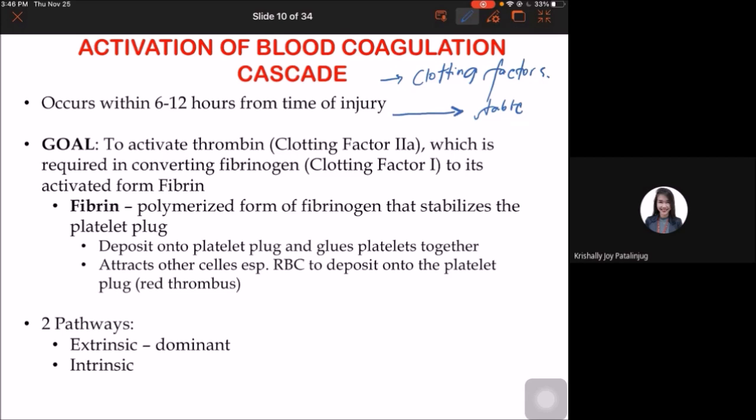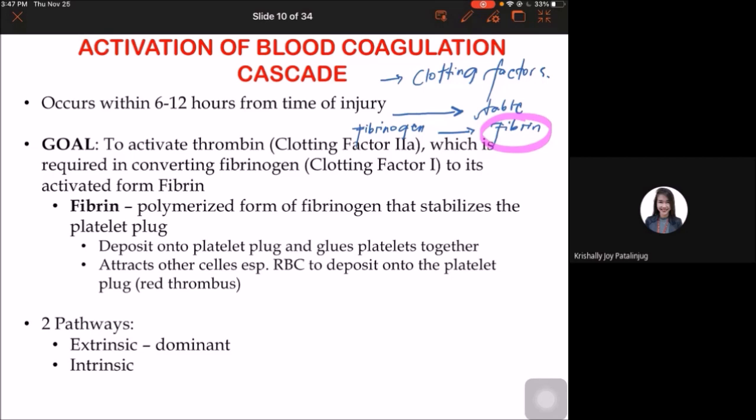that goal, to stabilize the weak bridge into a strong one, could be achieved by converting fibrinogen into a strong form. The activated form of fibrinogen is what we call fibrin. Okay? So fibrin.